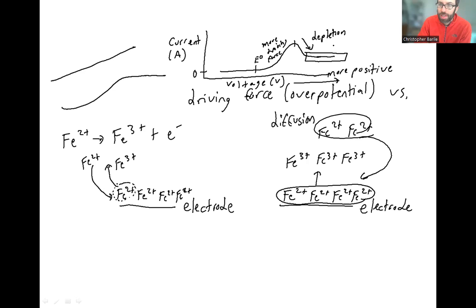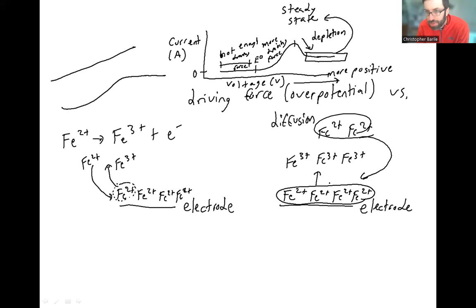This is what we would call steady state current. This is a steady state regime. So you have these four regimes. Nothing happens below: not enough driving force. Then you have enough driving force to get the reaction going, and it's going faster and faster.